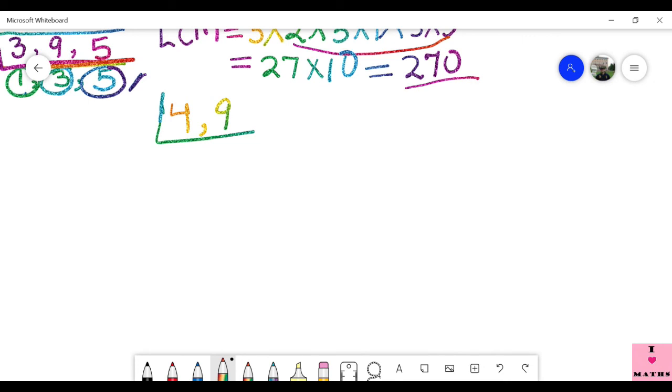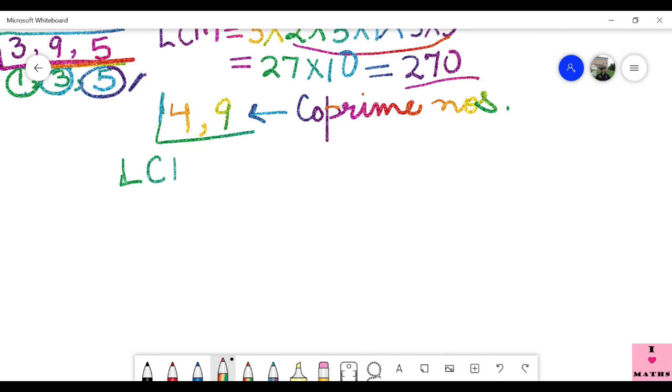So in this case children, 4 and 9 both are co-prime numbers, beta. They are co-prime numbers and we want to find the LCM of co-prime numbers. So LCM of co-prime numbers is the product of the numbers.